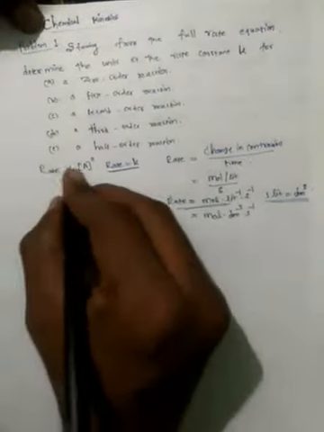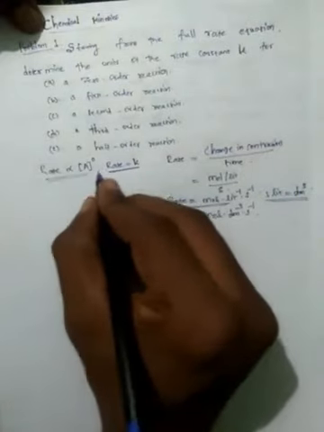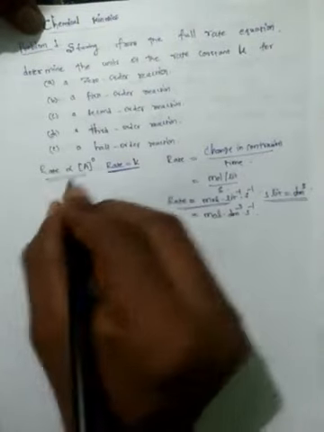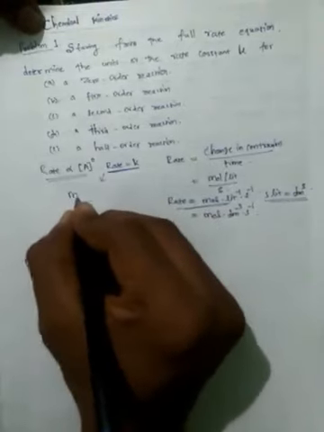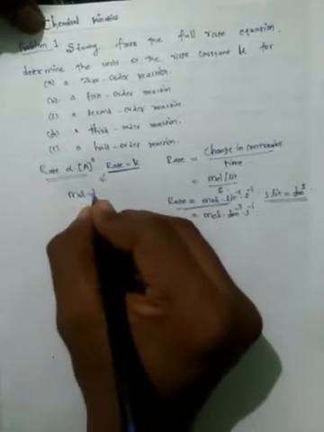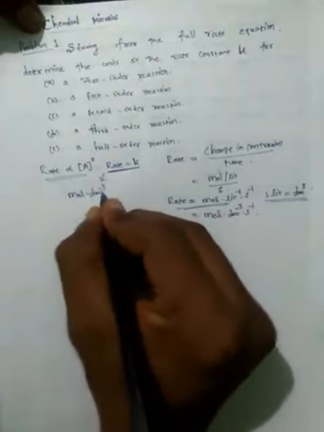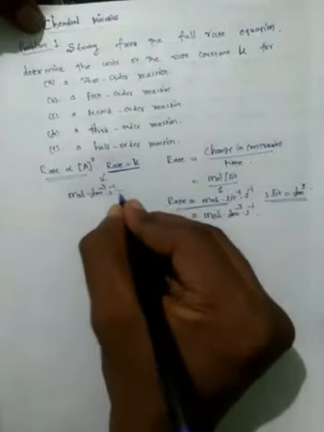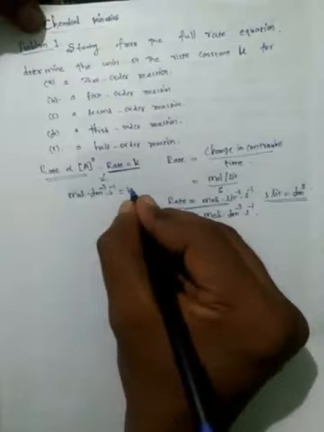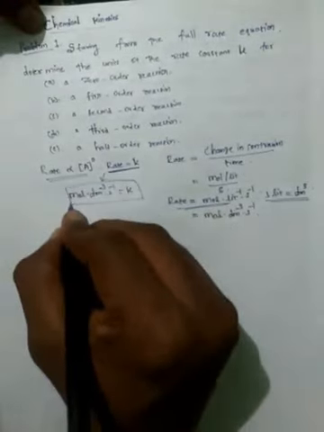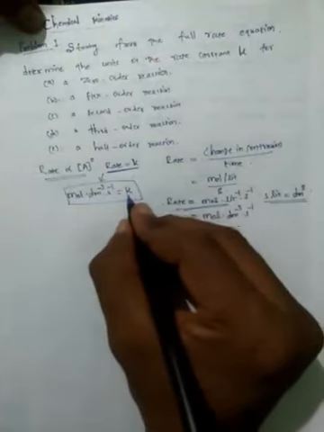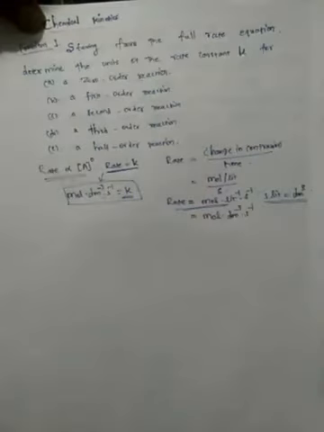Okay, then this is the rate equation for zero order reaction. Therefore, the unit of rate, mole per decimeter cube per second, is equal to K. So this is the unit for the rate constant of a zero order reaction.